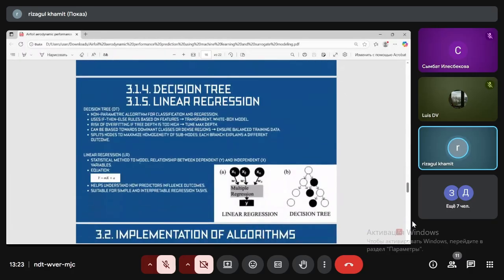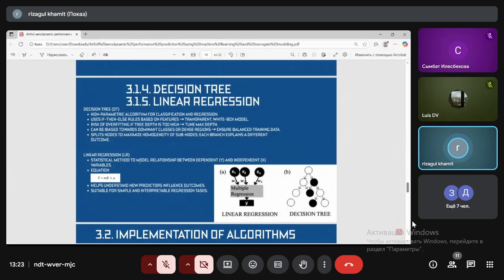The fourth and fifth types of algorithm are the decision tree and linear regression. Linear regression is a statistical method to model the relationship between dependent y and independent x, while decision tree is a non-parametric algorithm for classification and regression.